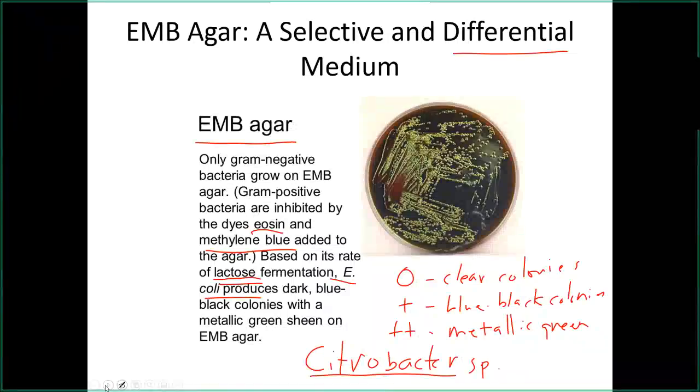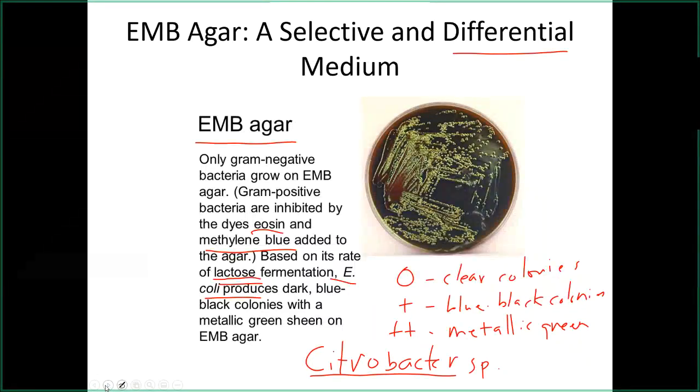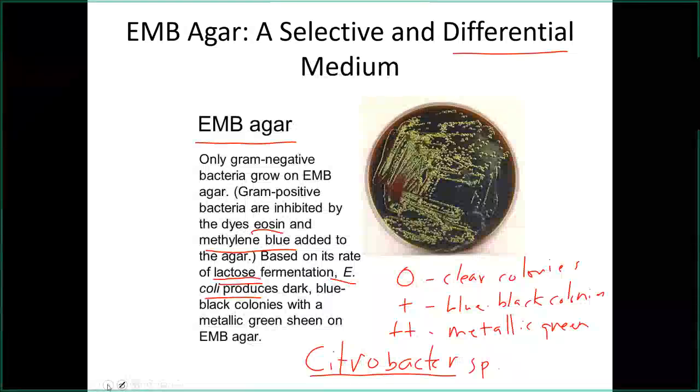That's what that indicates. Sewage is getting in there, and obviously that's not a good thing. So that's one scenario where an EMB agar would come in very handy, in testing for that sort of thing.